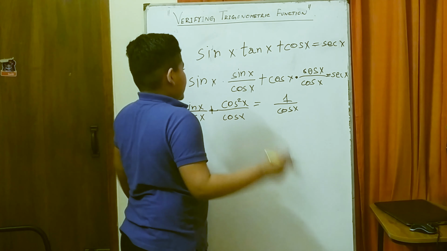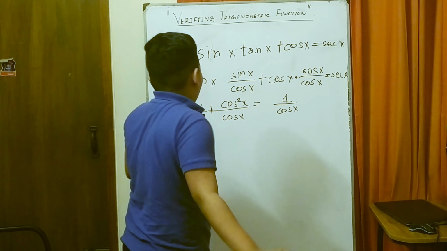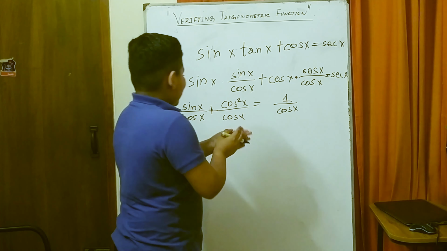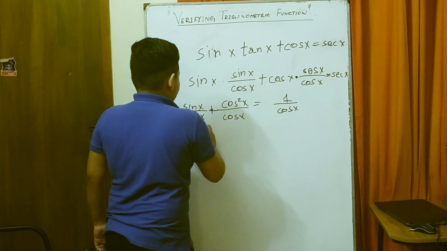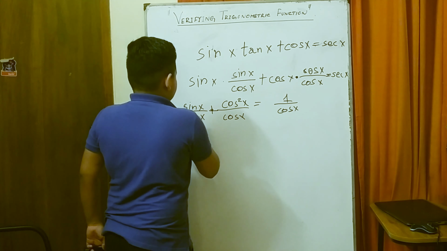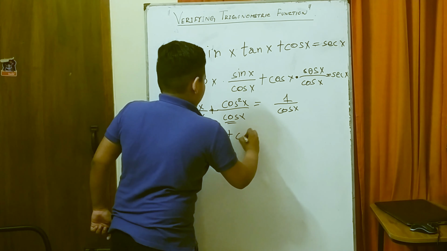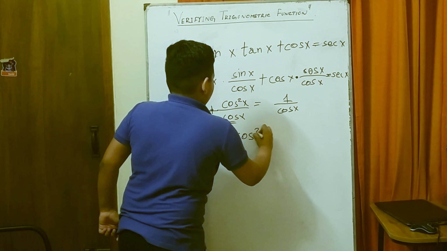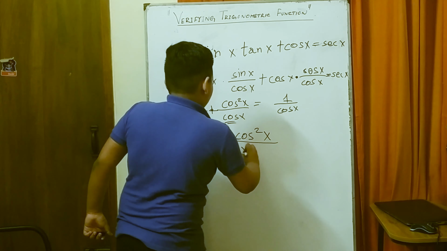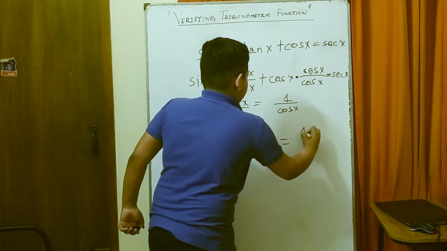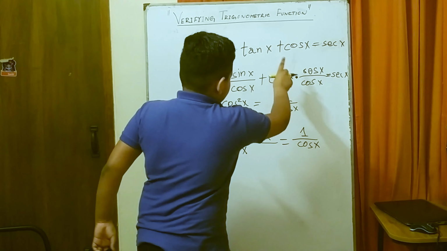This might seem arbitrary, to multiply all these things, but we need them so that we can combine this fraction, which we can because we have the same denominators. So sine squared of x plus cosine squared of x all over cosine of x should be equal to 1 over cosine of x according to this identity.